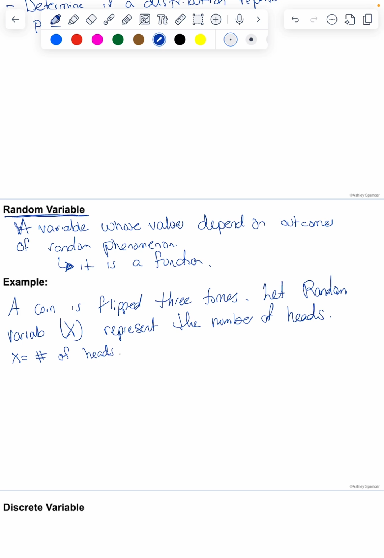X will be the value of 0, 1, 2, or 3. 0 means there were no heads when we flipped the coin 3 times. 1 means 1 head when we flip the coin 3 times. 2 being 2 heads appeared, and 3 is 3 heads appearing.